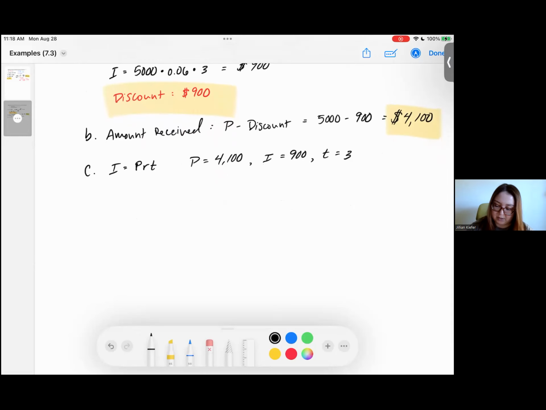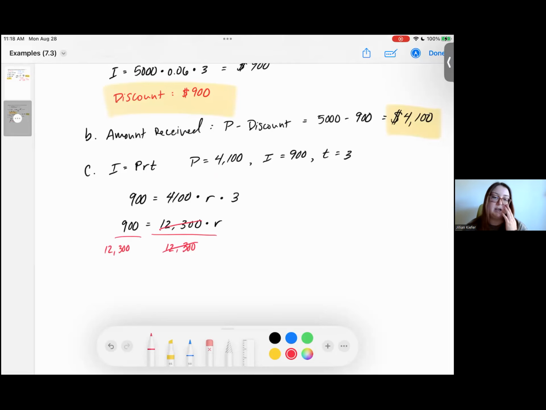So we'll go ahead and plug these values in. So interest was 900. Principal was 4,100, times the rate, which we don't know, times the time, which is 3. So we'll go ahead and multiply these together. Multiplying 3 by 4,100, we get 12,300 times R. We want R by itself, so we can go ahead and divide both sides by 12,300 to get rid of it on the right.